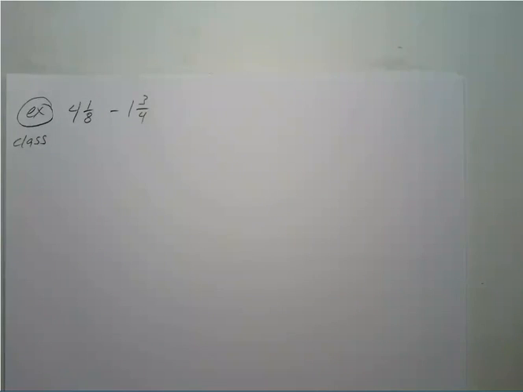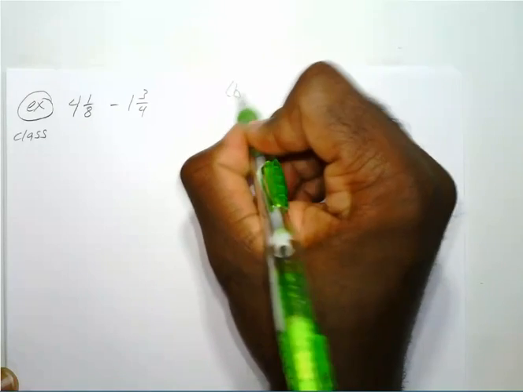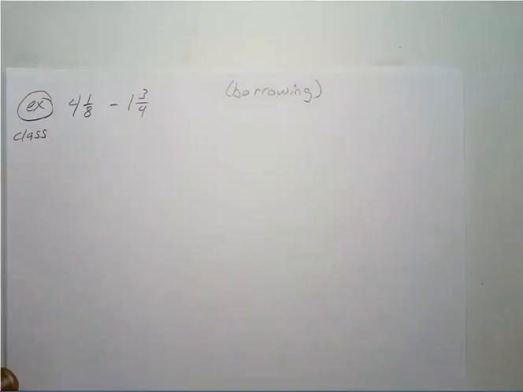Okay, so I'm assuming you've pressed pause and tried to solve this one. And you might have noticed that you ran into a little bit of a snag on this one. Hopefully you got it, but this is a borrowing problem.